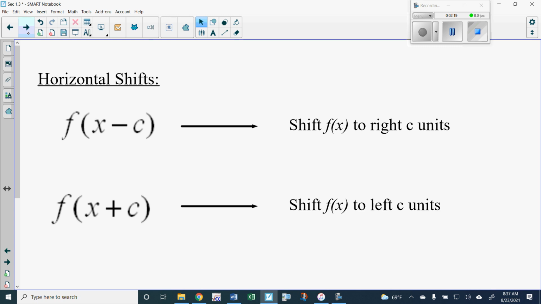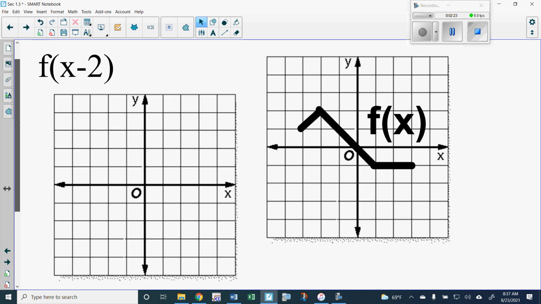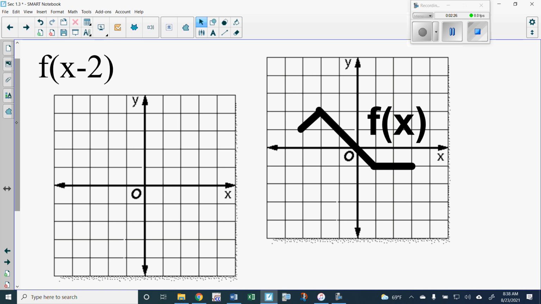I'm going through this quick because you've all done this before. So if I have something like f of x minus 2, that's going to take that function and shift it to the right 2. We did this before.